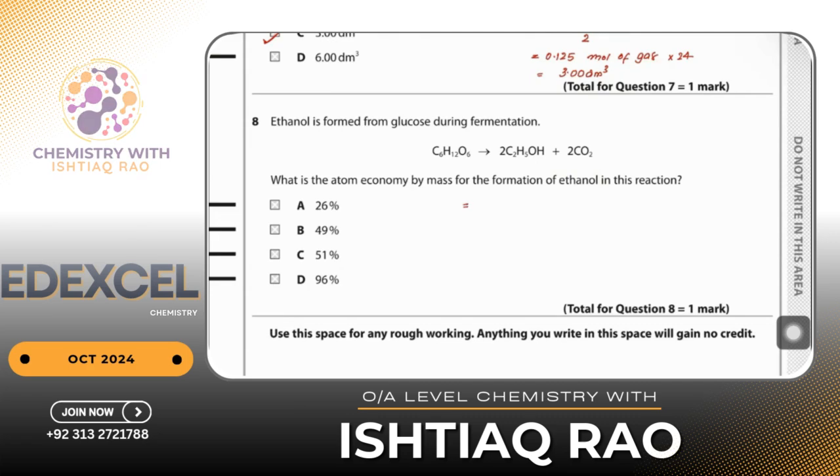So what I would say, mass of ethanol divided by total mass of product, then multiplied by 100.